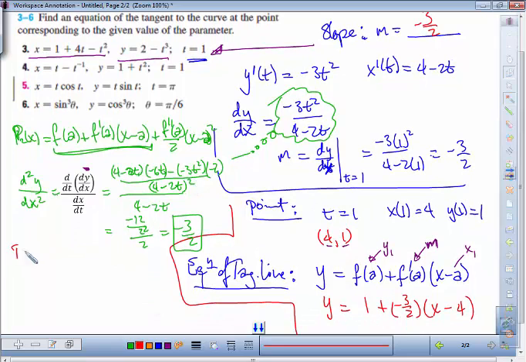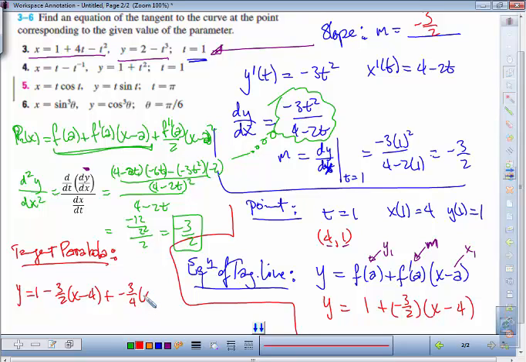So the tangent parabola is going to be basically this first part over here, 1 minus 3/2 times (x minus 4), plus minus 3/2 over 2, let's just call it minus 3/4, times (x minus 4) squared.